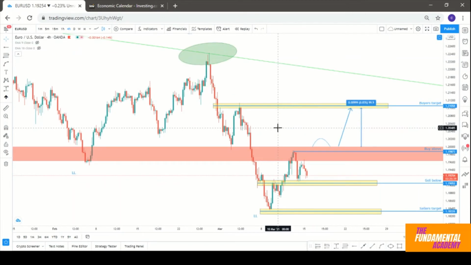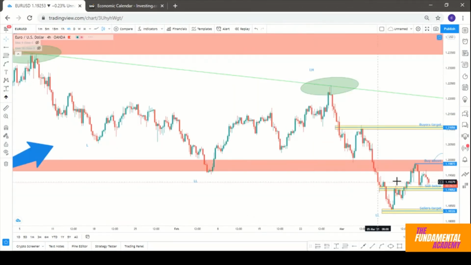Next pair, Euro USD. What a rush. Our analysis for Euro USD was completely wrong last week, or at least that's what I believe. And I did draw up new technical analysis on Euro USD.